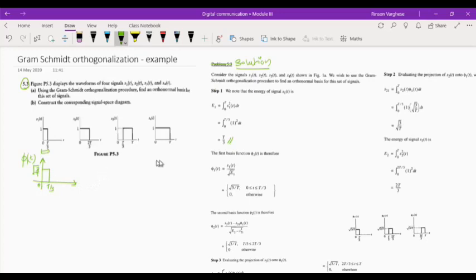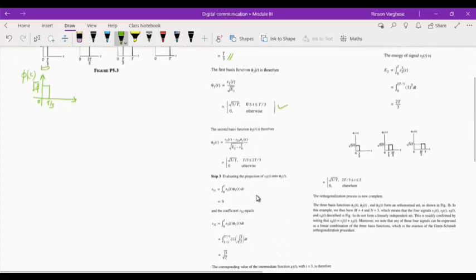That's what we have written here: root 3 by T for 0 to T by 3, and 0 otherwise. Now the second basis function. To find the second basis function, you need to find S21.